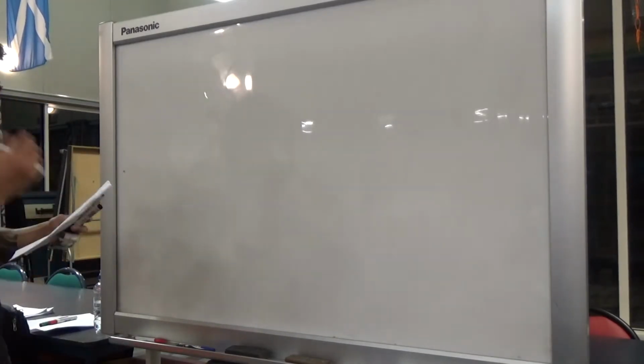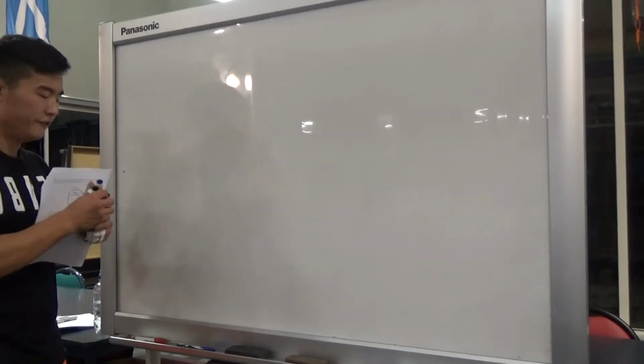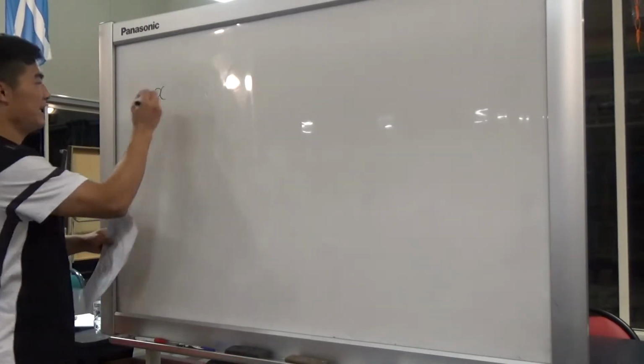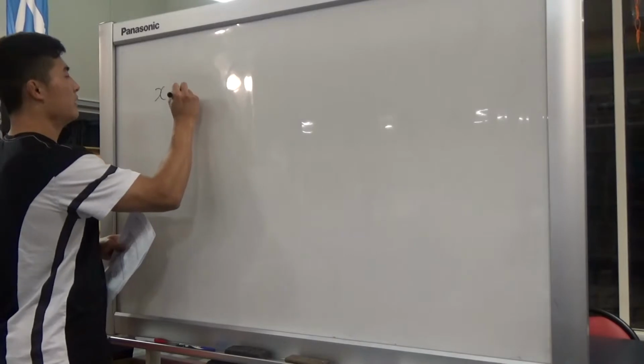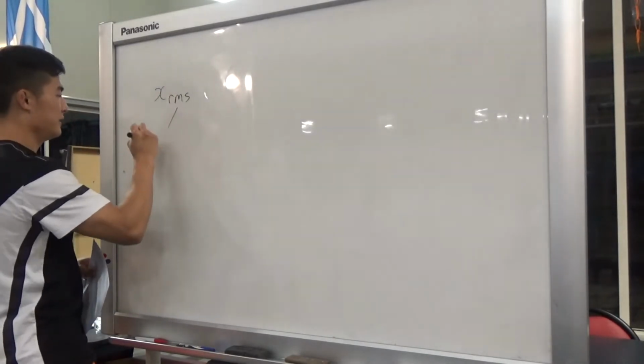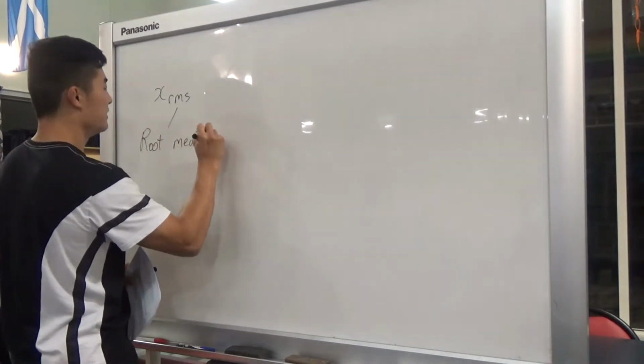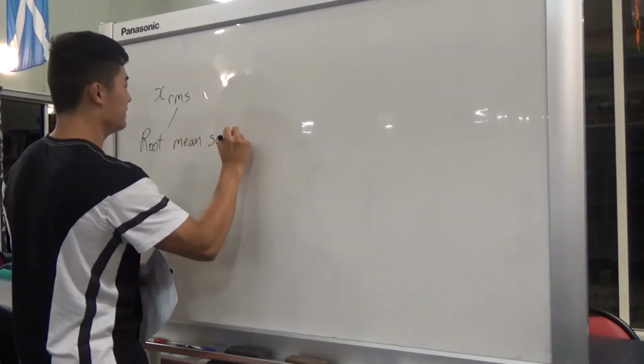So the equation for diffusion is x RMS, so this is root mean square.